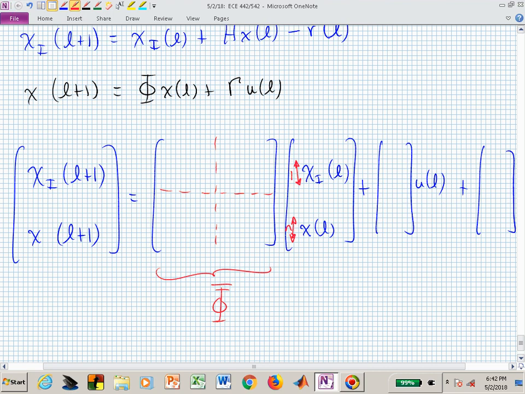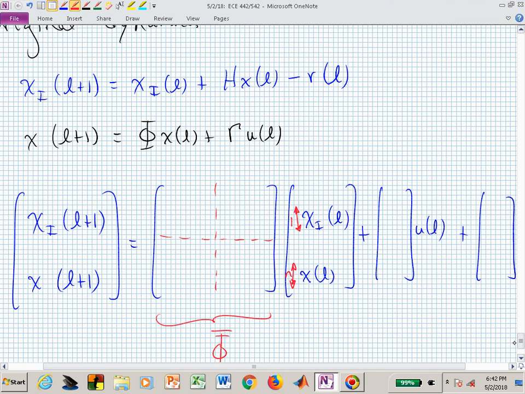The lower right-hand corner, what's in that 2-2 submatrix entry of this phi bar? It's now x of L plus 1 is equal to something times x sub I plus something times x of L. And I now need to go up to my equations right here and figure out what x at time L plus 1 equals.